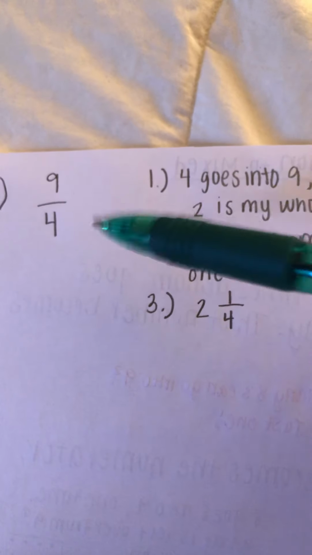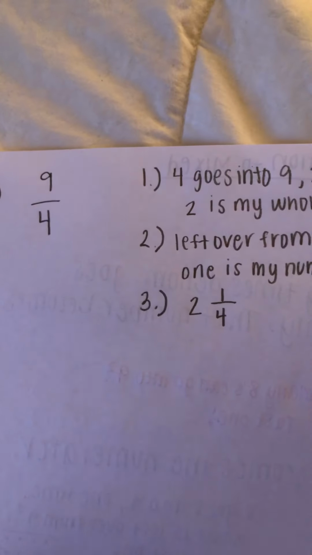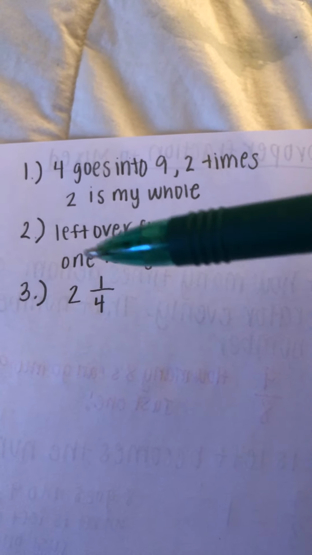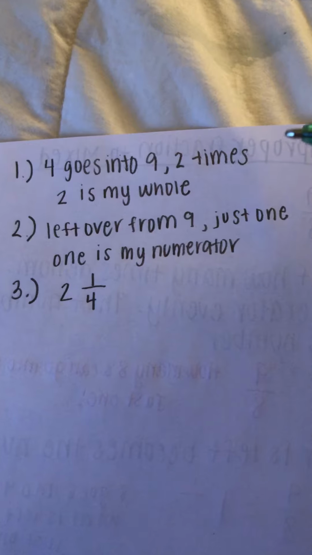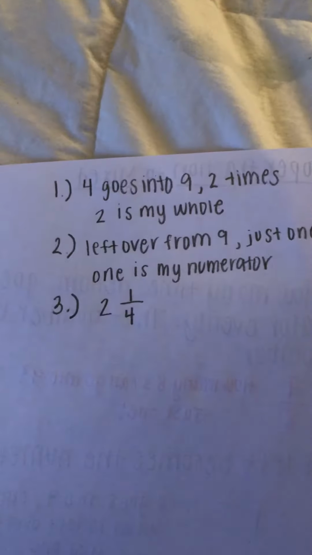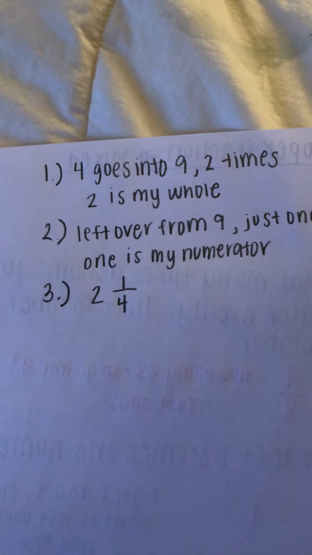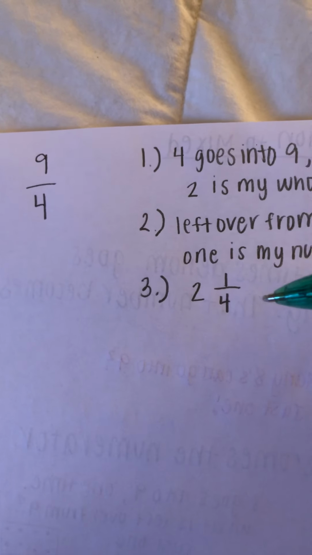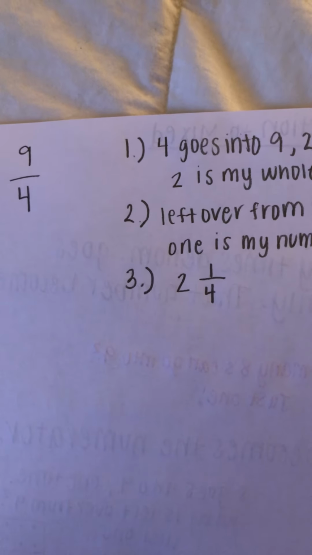That's the most I can make go in evenly. So 2 is my whole. And then what is left over from 9 is just 1. We had 2 groups, which would make 8. And what do I have left over? Just 1. So 1 is my numerator. And then you get 2 and 1/4 as your answer.